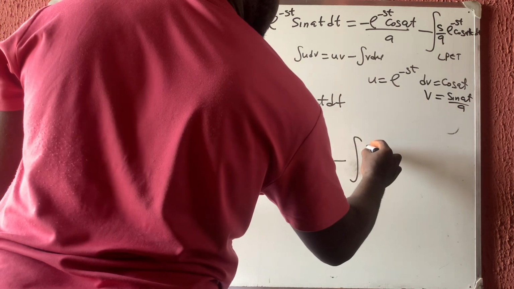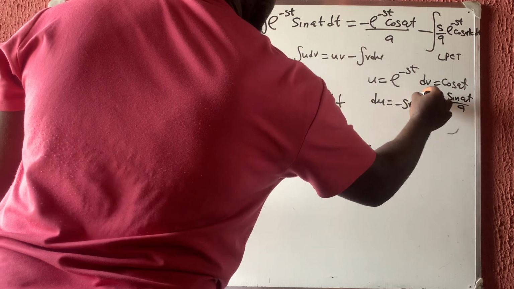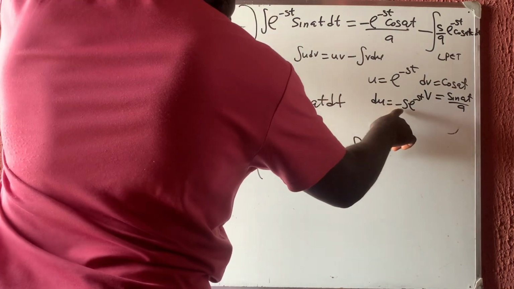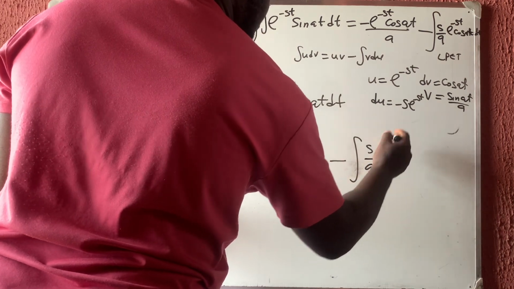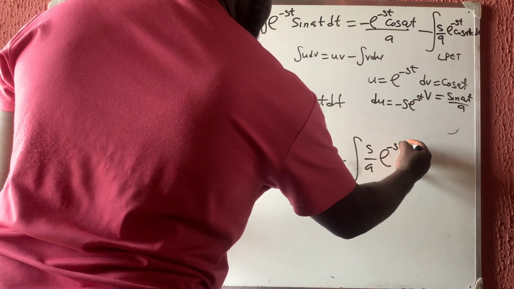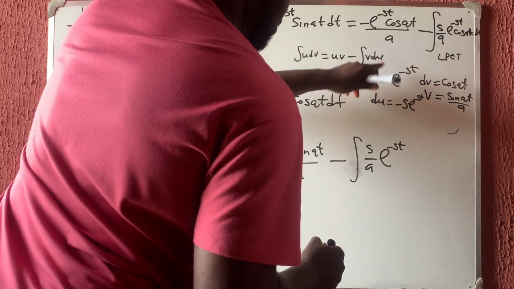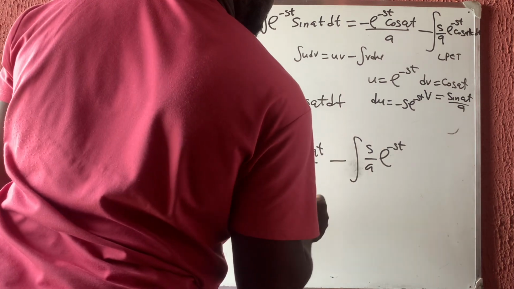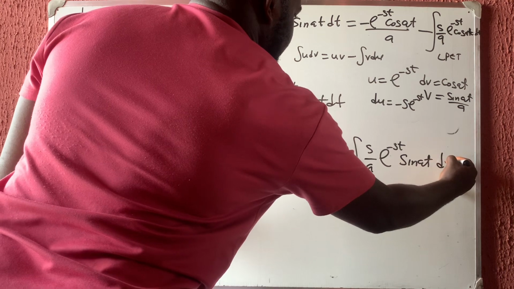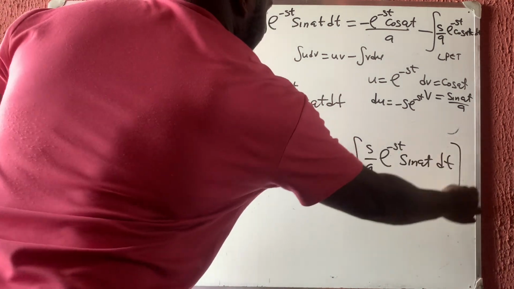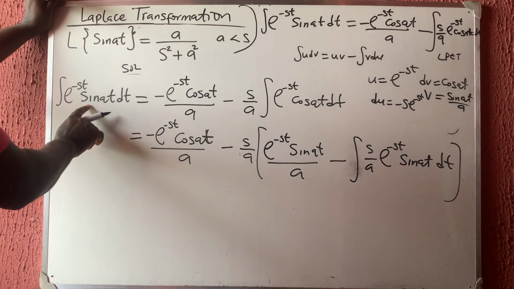Du is minus s e raised to power minus st, so I'm having minus s over a, then e raised to power minus st, then sine at dt.